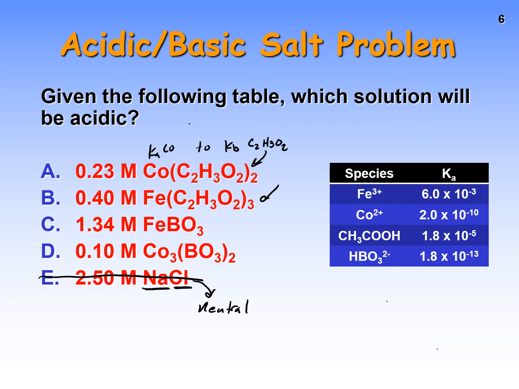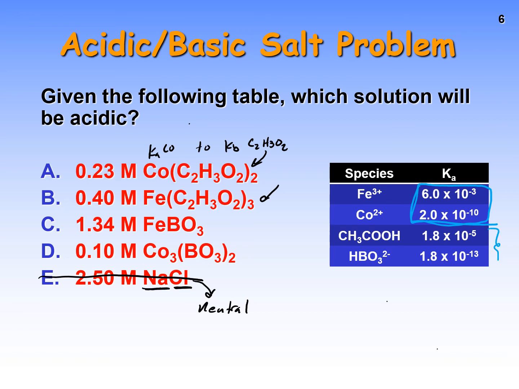Well, I have a bunch of Ka values given to me in this table. I know all these Ka values. So these two I don't need to change at all. They're what I need for Co2+, cobalt 2+, and iron 3+. I got those. We're good. Those are the Kas. They're acids, so we're okay.